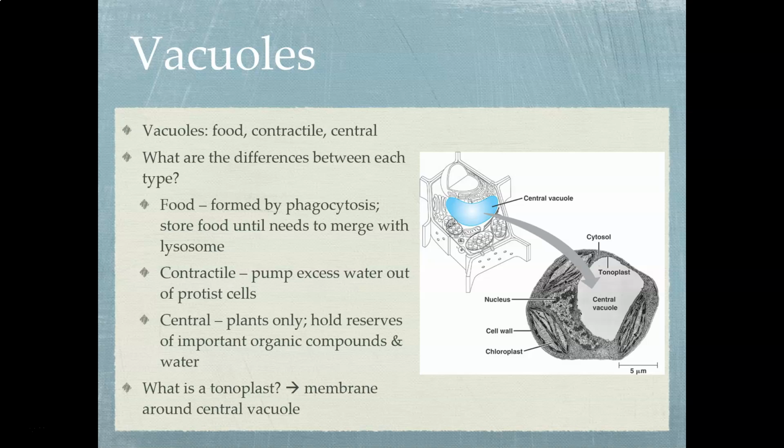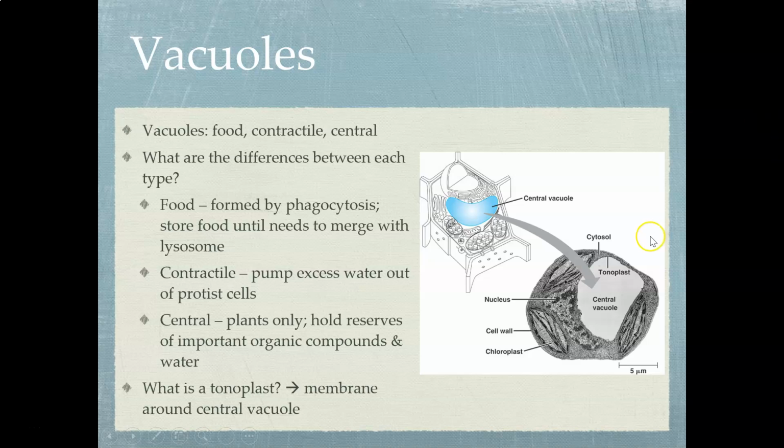And so these contractile vacuoles will actually increase the number of pumps or contractions every time it gets into a situation where there's too much water rushing in. And so it's basically like a sump pump. If you have one of those in your basement to keep your basement from flooding, that's kind of what the contractile vacuoles are. They'll pump to keep excess water from filling up that cell so that they don't burst, which is pretty cool.